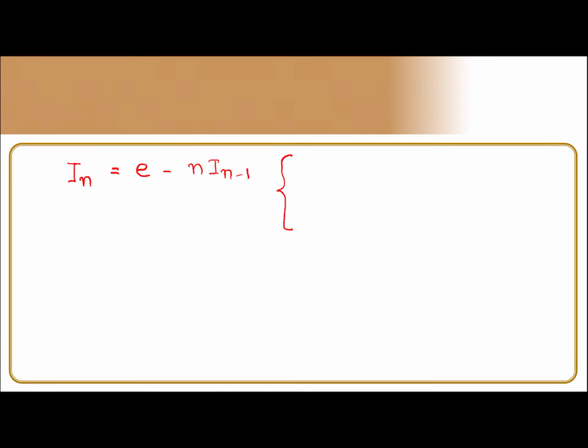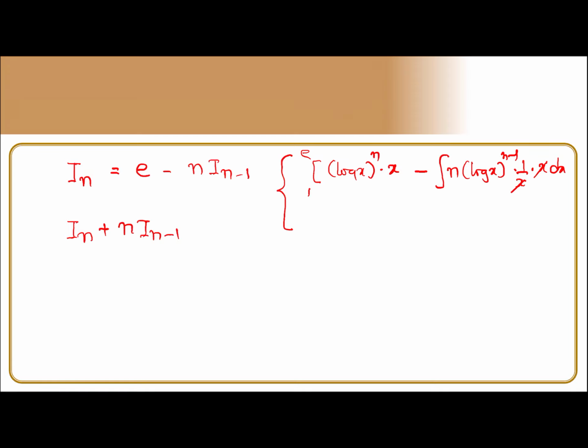Because what we got: 1 to e, (log x) to the power n into x, minus integral n (log x) to the power n minus 1 into 1 by x into x dx. x and x cancel. So what we get: I_n plus n into I_(n minus 1) is equal to e.